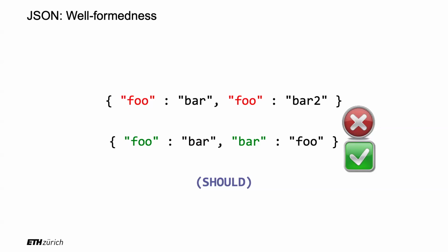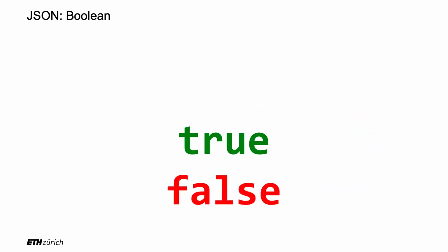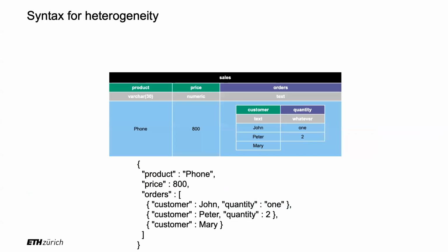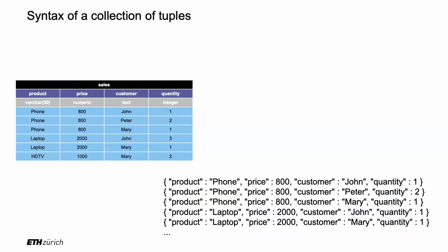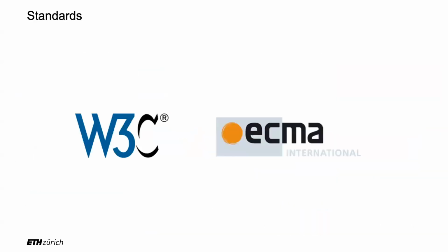And if you try to make sense of that rule, remember that these objects are supposed to be the representation of some records. So saying that I do not allow a repetition of the keys is the same thing as saying that in the table, I do not allow two columns to have the same name. Does that make sense? Right? It's pretty much the same idea. And this is why we don't allow this.